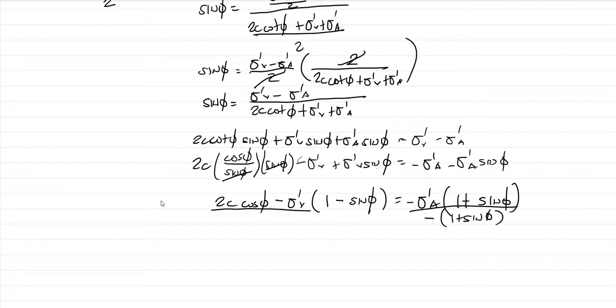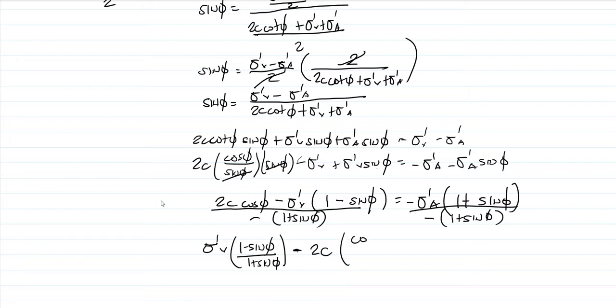So, ngayon, syempre, arranging the terms, yung negative sigma prime B dyan magiging positive. So, that is sigma prime of B times 1 minus sine of phi over 1 plus sine of phi. Then, yung 2C naman magiging negative. So, that is minus 2C.